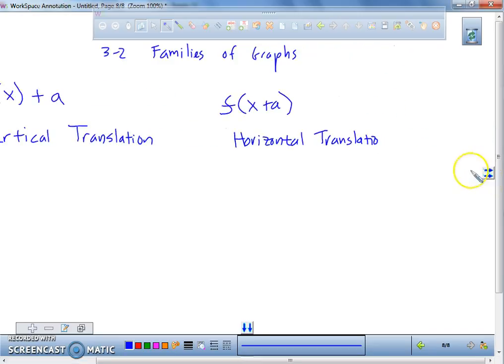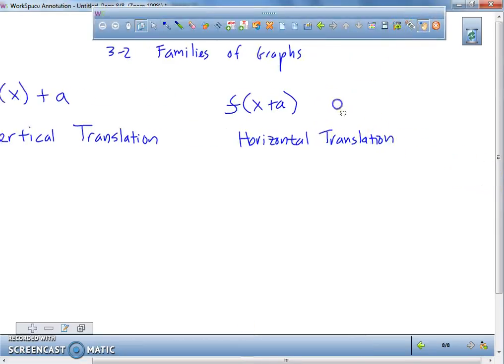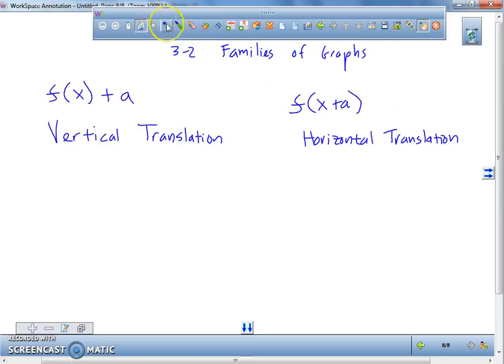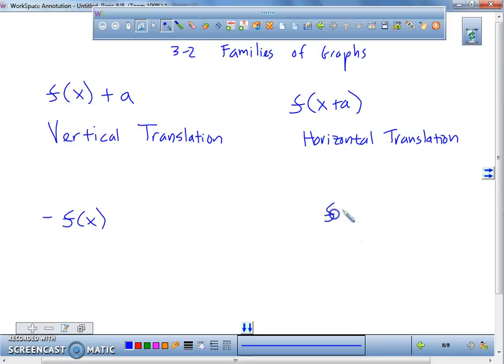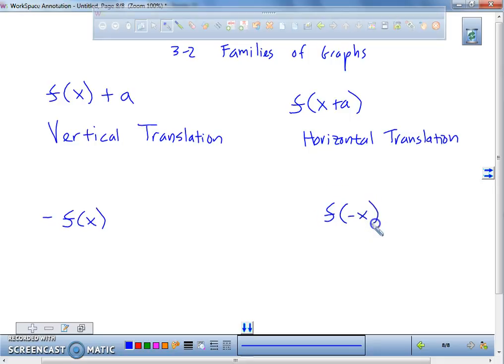We'll be doing examples together while we're working on your assignment. The next thing you have to understand is the difference between a negative f of x and f of negative x. These are not dealing with translations. These are dealing with reflections. When you have a negative f of x, what type of reflection is that?